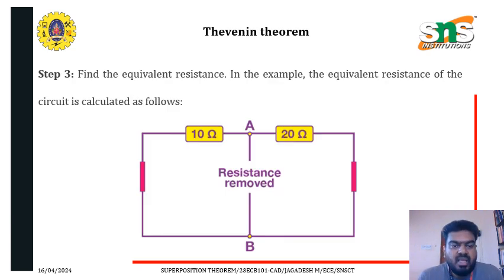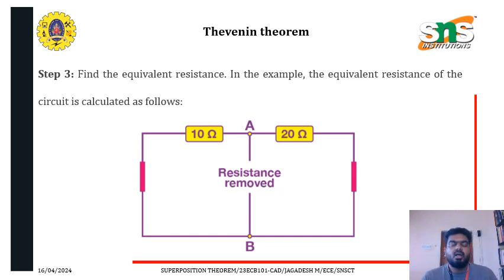Then step 3, find the equivalent resistance. In this example, the equivalent resistance of the circuit is calculated as follows. We have to remove the load resistance and find the equivalent resistance. If the resistances are in parallel, we have to apply the parallel formula, and if they are in series, we have to apply the series formula.